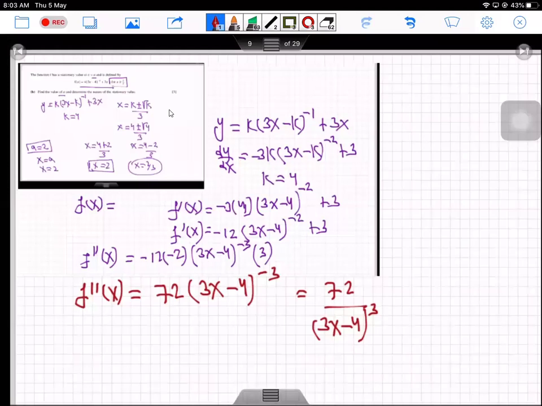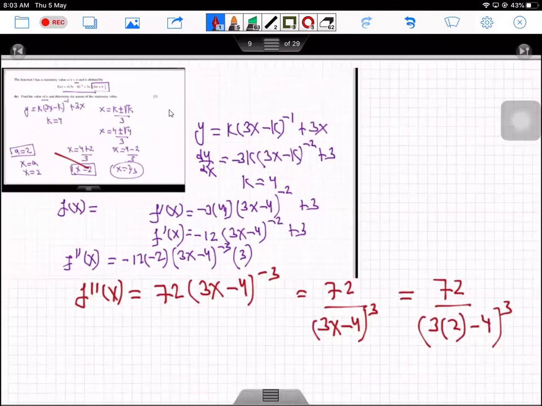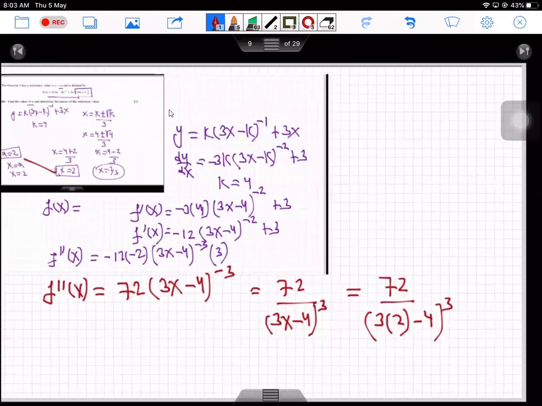So we need to put this stationary point x equals 2 into this in order to see what the value is. So 72 divided by (3 times 2 minus 4) whole cube. So this is 72 divided by (6 minus 4) cube, so 72 divided by 2 cube. 72 divided by 8 is 9.